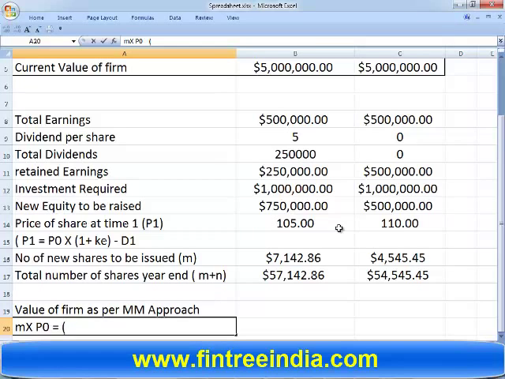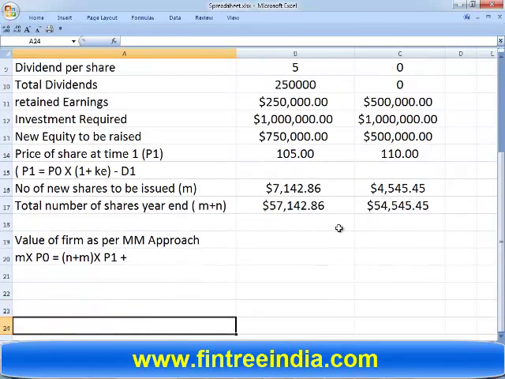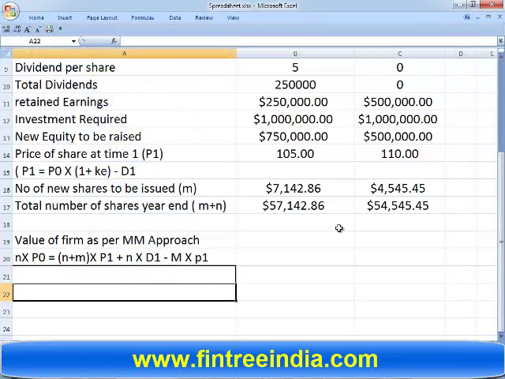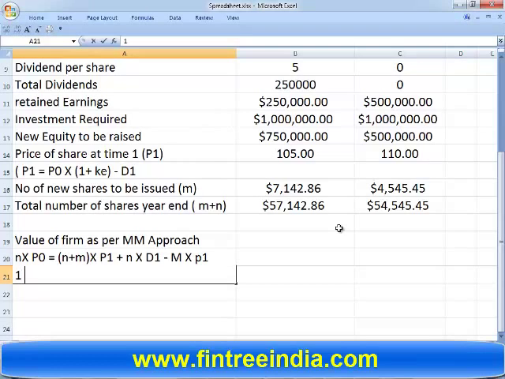So rewrite that formula again: N plus M into P1 plus N into D1 minus M into P1, and the whole thing divided by, only the right hand side of the equation, 1 plus KE.